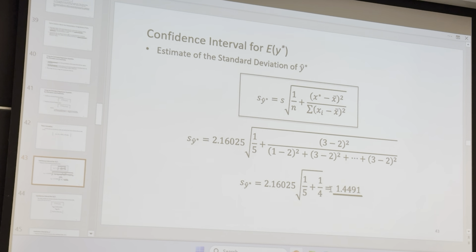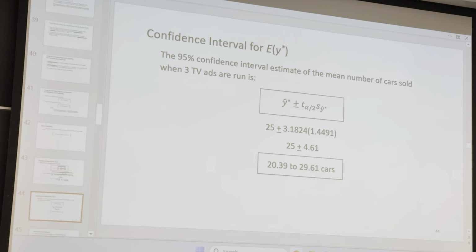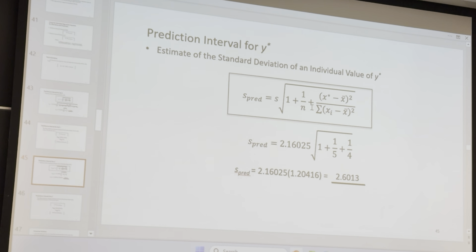That is going to be 1.4491 in this case. But if you put 3 ads next month, your standard deviation is going to be much bigger. You can see that over here: you have an additional term, which is 1. So the standard deviation will become much bigger.